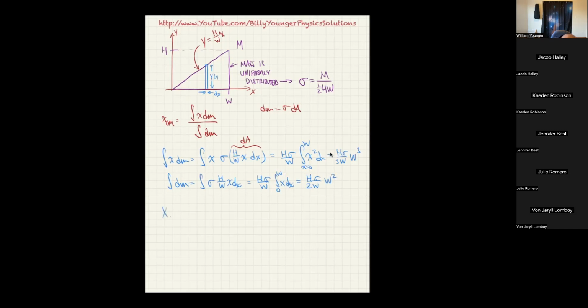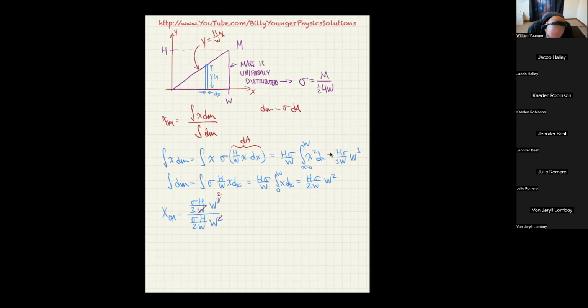So xcm is just going to be equal to sigma h over 3w w cubed, over sigma h over 2w w squared. Of course, that's going to make some cancellations. This is going to become 2, and that one's disappearing.